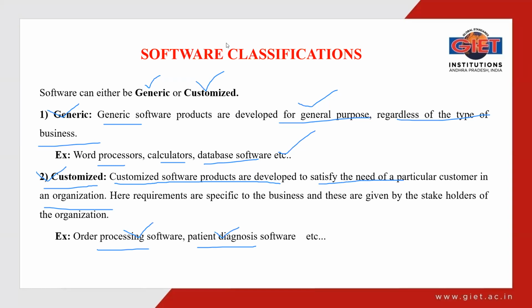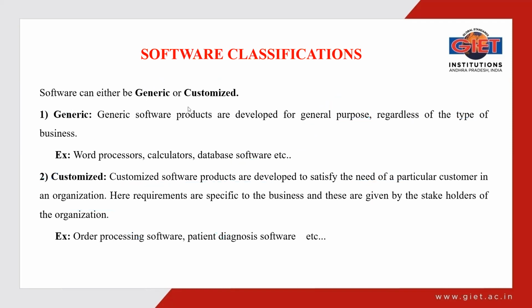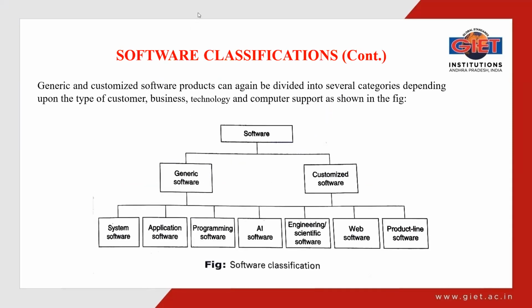I am going on to the next slide. We can see the classification types of software in the next slide with a neat diagram. You can see here there are various types of software. I already told you it is of two types: generic and customized. In generic, we have system software, application software, and programming software. Whereas customized software is divided into AI, engineering or scientific software, web software, and product line software.